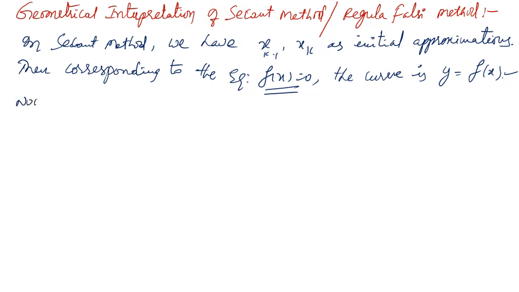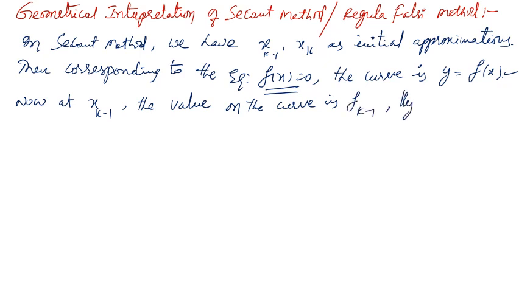Now at x_{k-1}, the value on the curve is f_{k-1}.